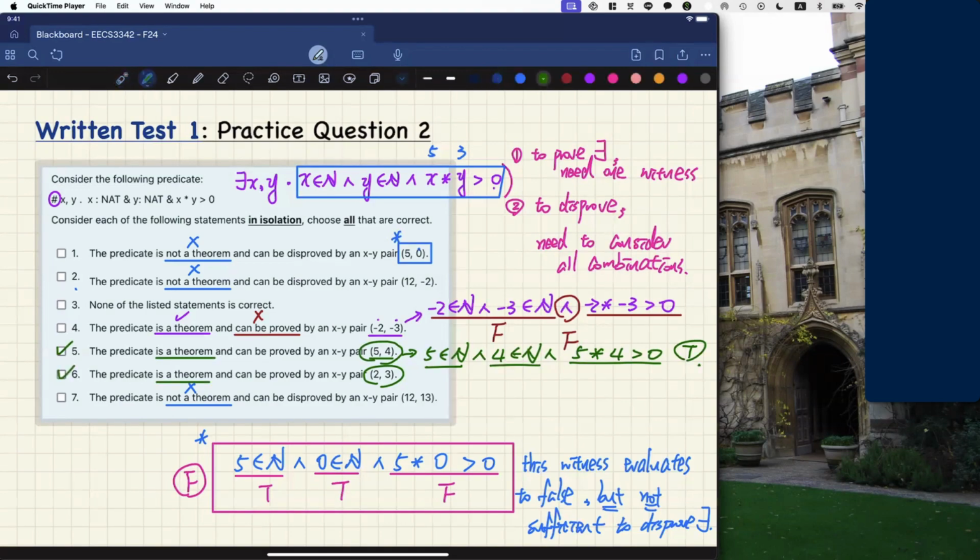And number 7, we already rejected that. It's not a theorem. Just that part is actually wrong. All right, so the final answer should be 5 and 6. And apparently there's some right answer, so number 3 should not be chosen either. All right, any question here about this question? Any follow-up you want to ask?